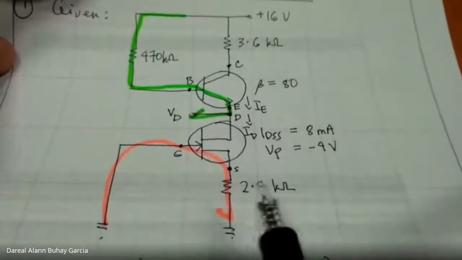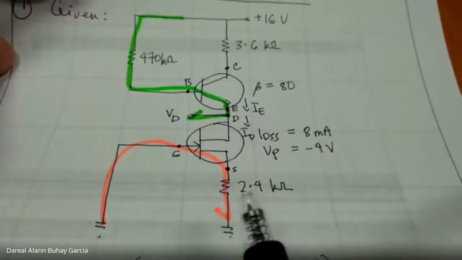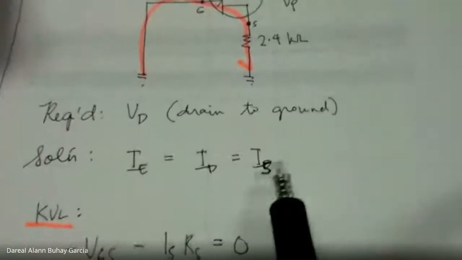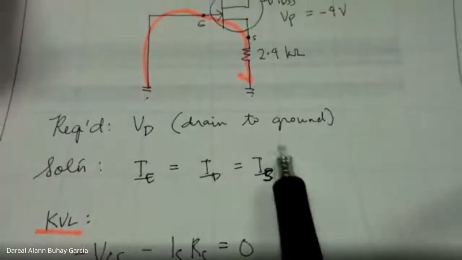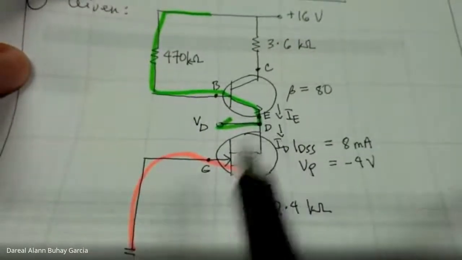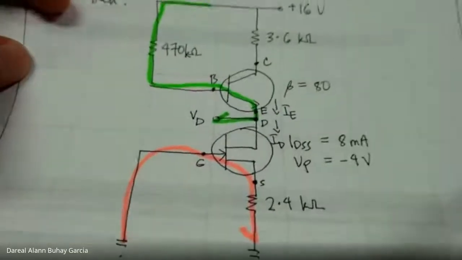If something is new, it's the relationship IE is ID, which you can see easily in the circuit. Okay, that's good.